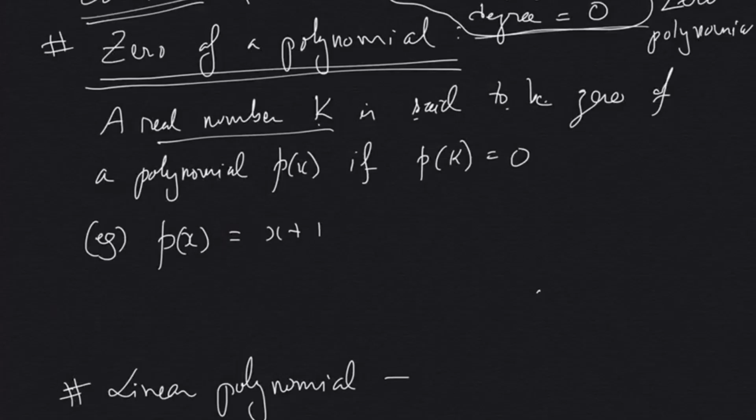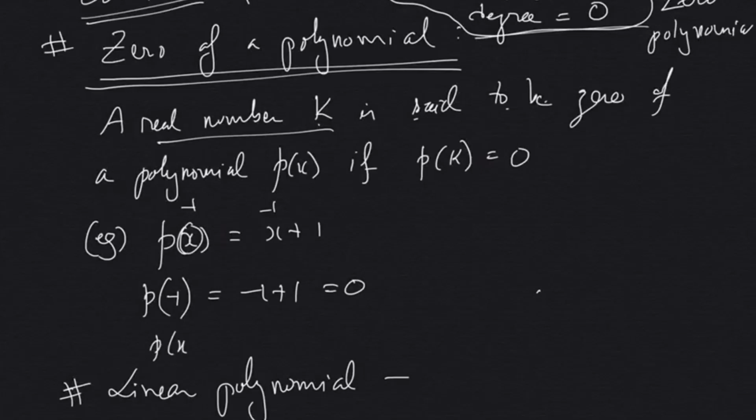For example, if we consider one polynomial p of x as x plus 1, now we can see that p of minus 1, if we can find out its value, is going to be, in place of x we will be using minus 1. So that's going to be minus 1 plus 1, that is 0.